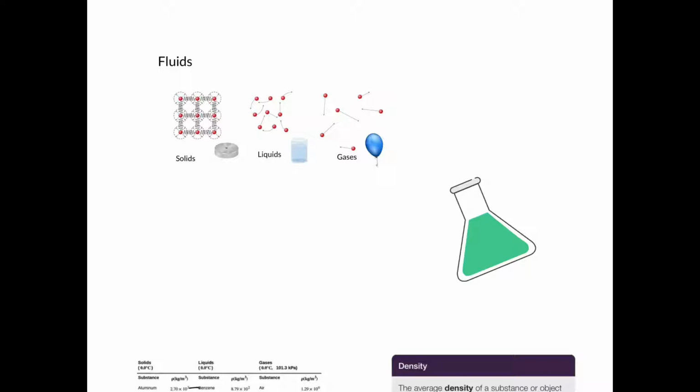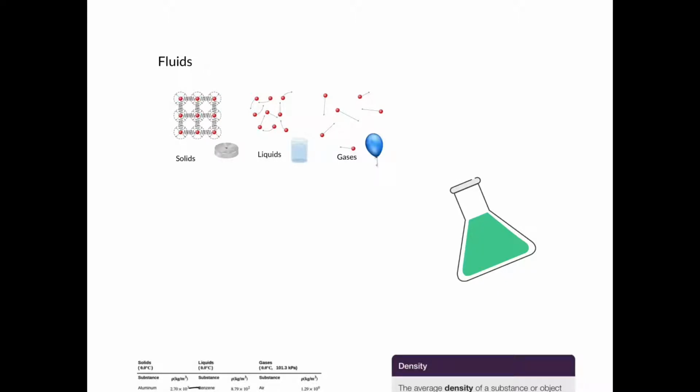First of all, look at the difference between solids, liquids, and gases. Solids have a definite structure because the molecular or atomic forces are strong, and that gives them a basic size and a basic structure. When you come to liquids, the molecular bonding is weaker, and therefore liquids do not have a particular shape.